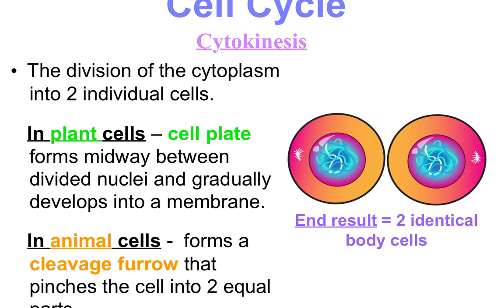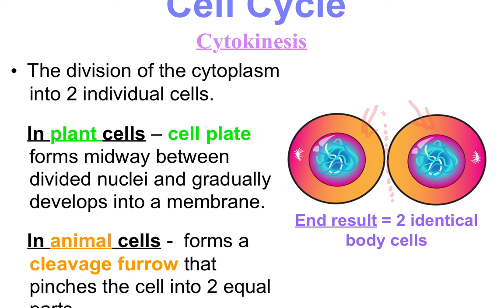Cytokinesis is the division of the cytoplasm. The cell is going to take all of its stuff that it made from G1 and G2 and divide it amongst both cells. Now, when this happens in plant cells, this will form what we call a cell plate. And that's the division between the nuclei, and it's very gradual, and it develops into a cell membrane.